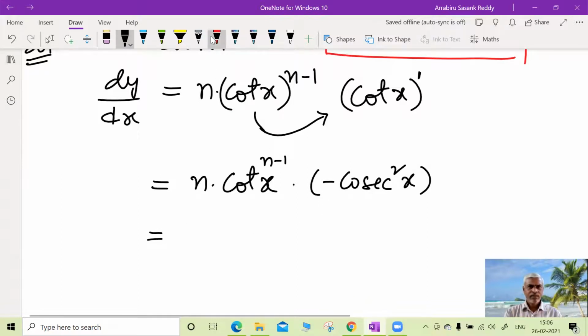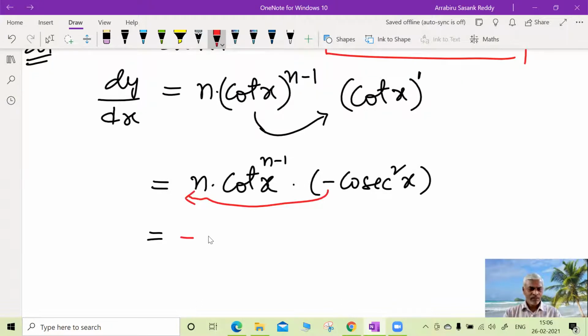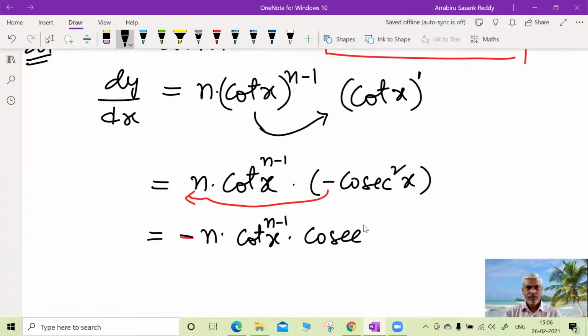So minus, you can write at the beginning. So this is minus n into cot x power n minus 1 into cosec square x. So this is dy by dx.